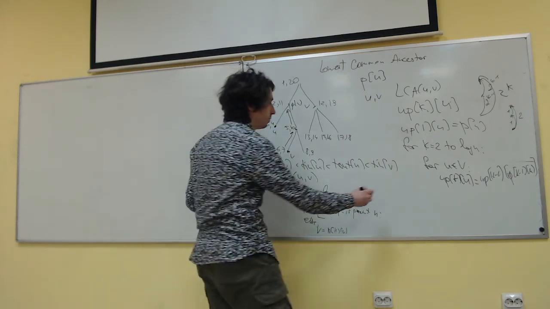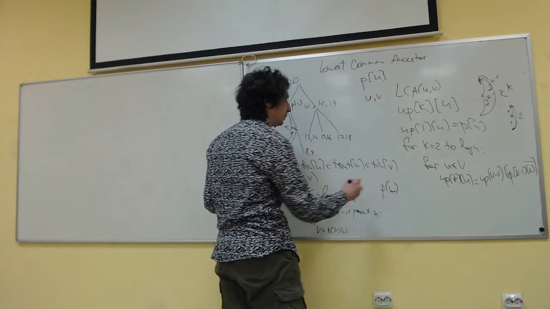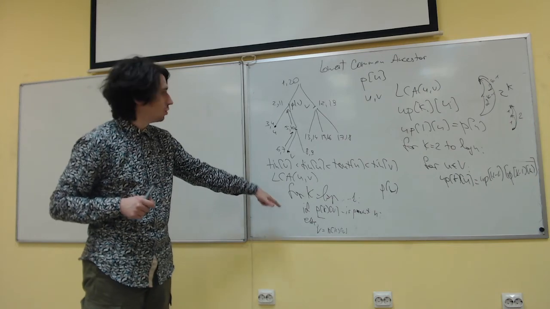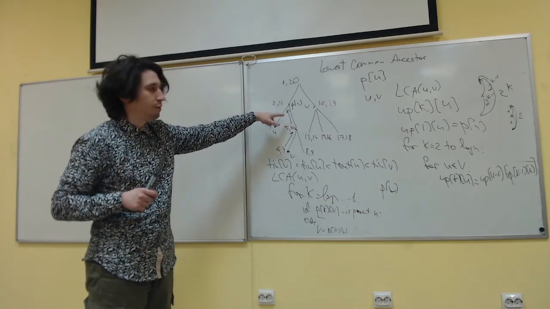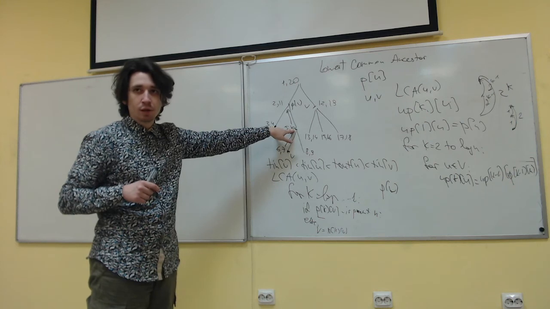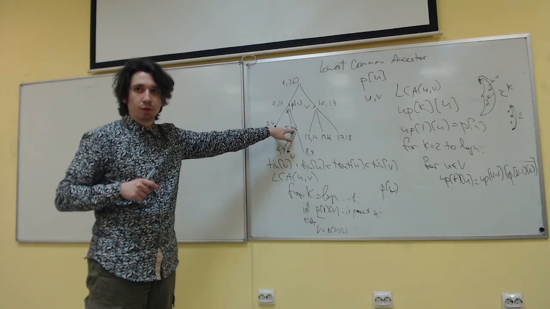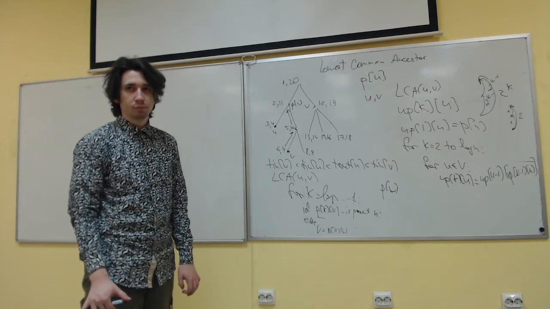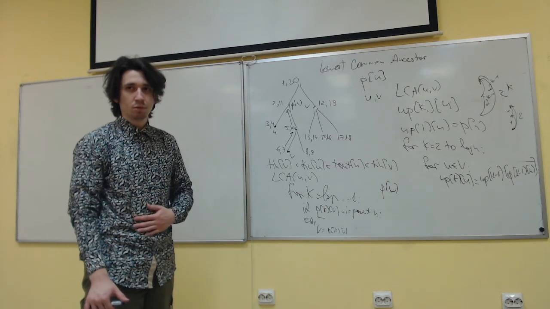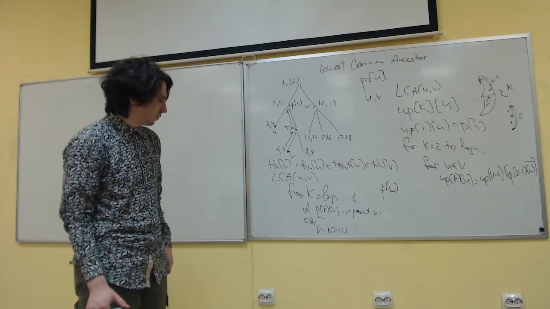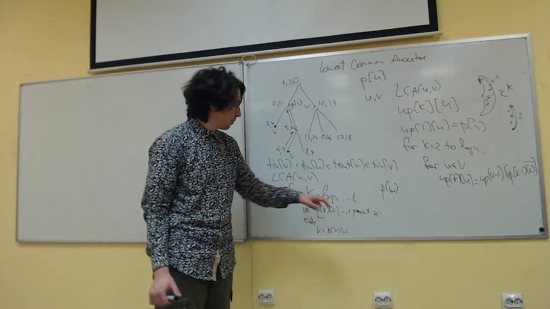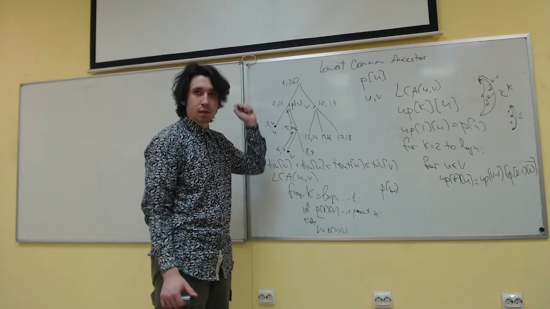And then the answer will be the parent of v, because we always jump when we are not an ancestor, and we will finish at the node that is 1 step lower than the lowest common ancestor. Get it? And n is the number of vertices.